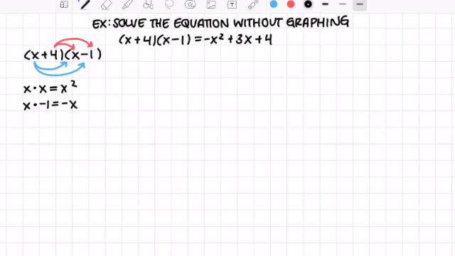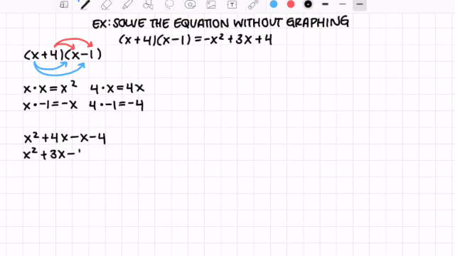We also have here 4 times x, that equals 4x, and 4 times -1, that equals negative 4. So our new expression will be x to the power of 2 plus 4x minus x minus 4. And if I combine like terms, I get x squared plus 3x minus 4.